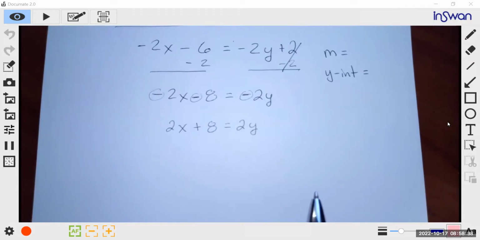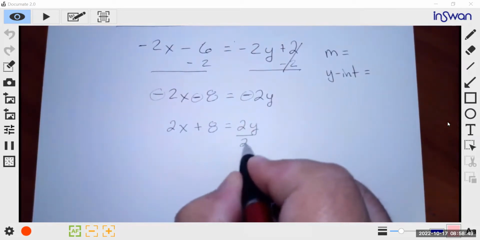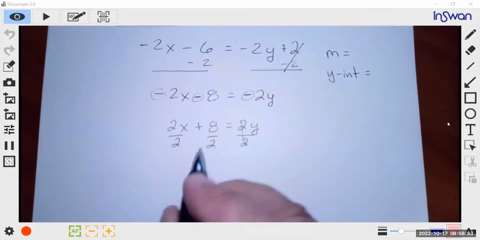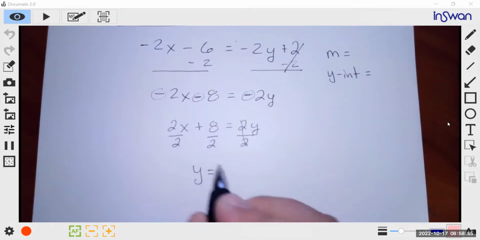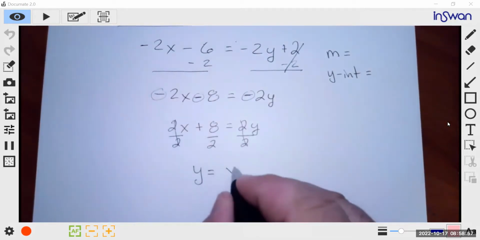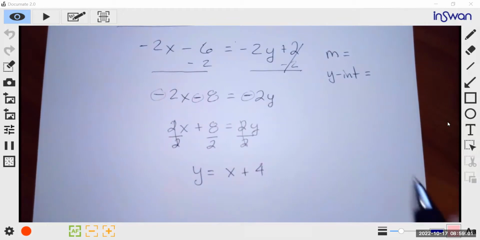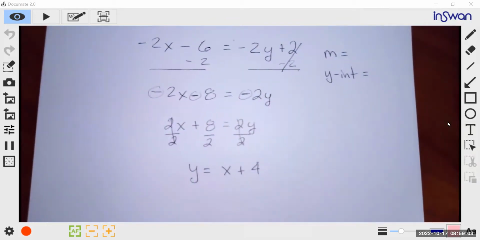And then what? I'm trying to get y by itself. Yep. Divide everybody by 2. So y is equal to x plus 4.